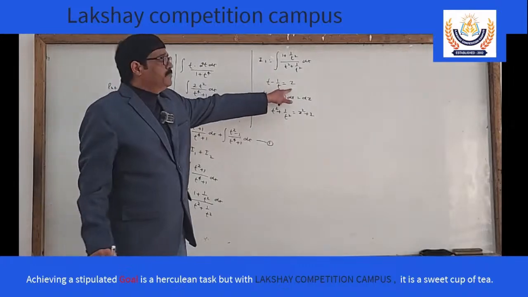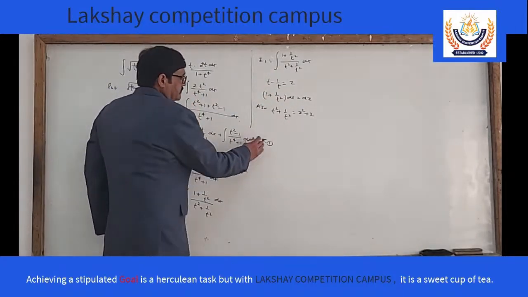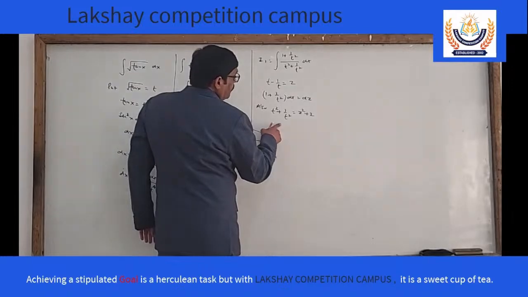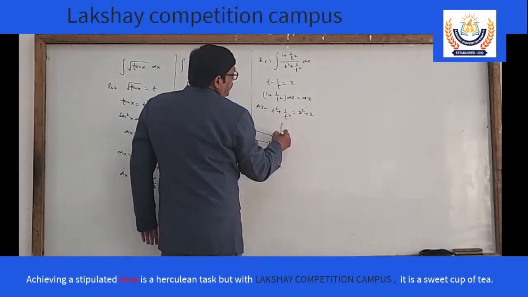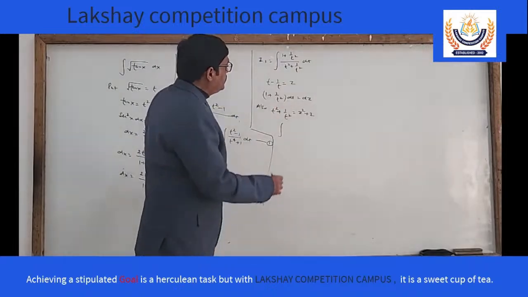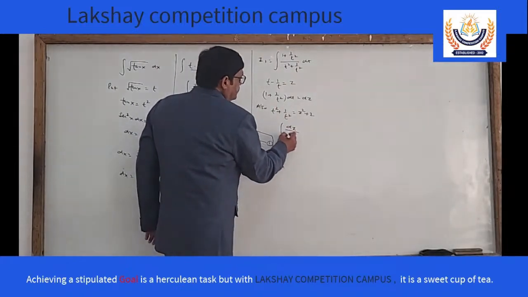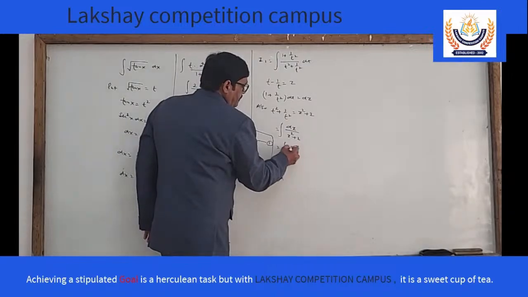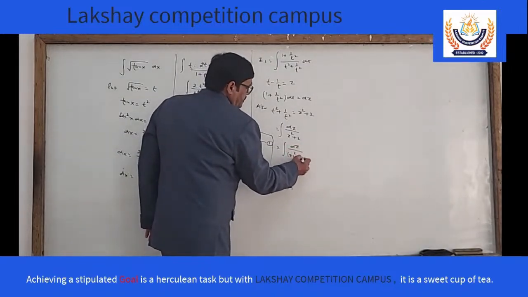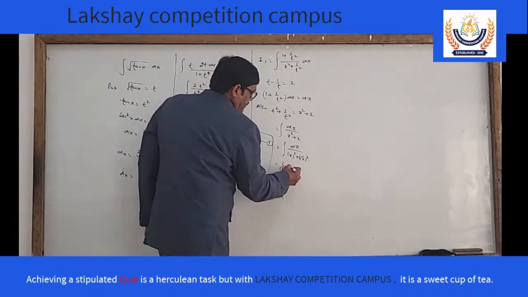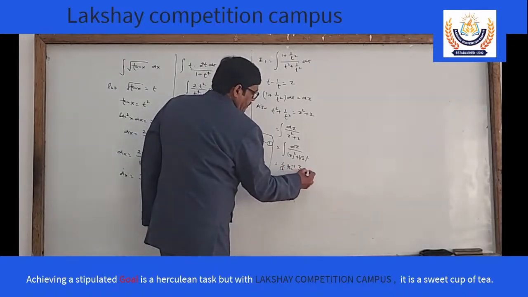So (1 plus 1 by t²) dt over the denominator is dz by (z² plus 2). Now you apply the formula for dx upon x² plus a², which is 1 by a tan inverse x upon a plus c1.